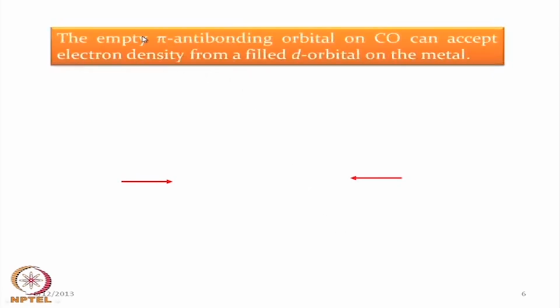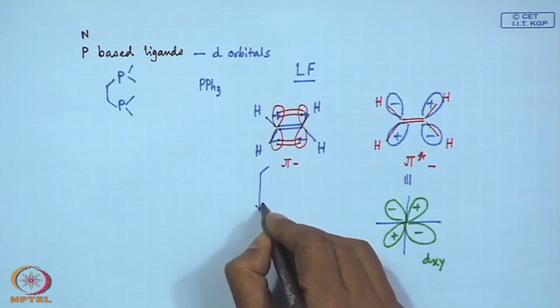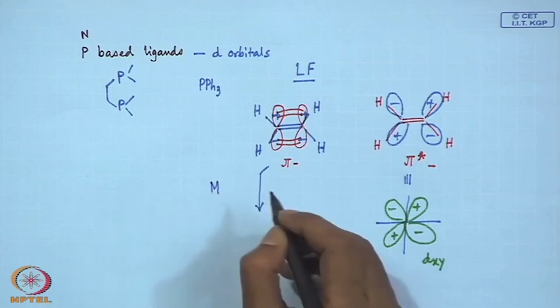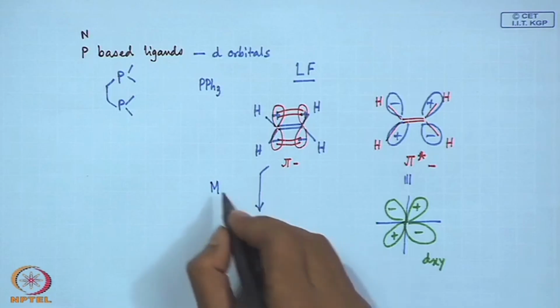So, what we see therefore is the empty pi antibonding orbital, not only for CC bonded species like ethylene. Why are we talking so much about this ethylene molecule? Because the ethylene molecule is a very interesting molecule for some of these reactions, where it can have some interaction with the metal center.